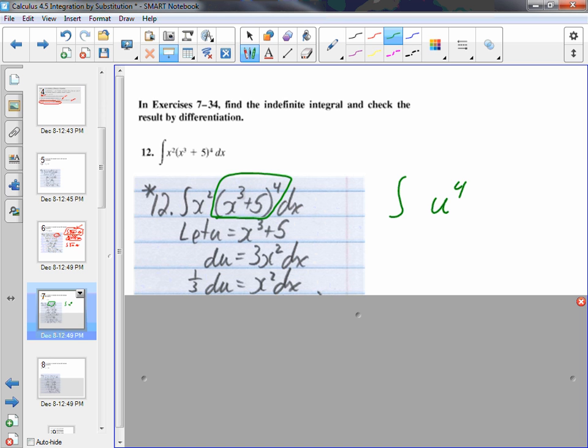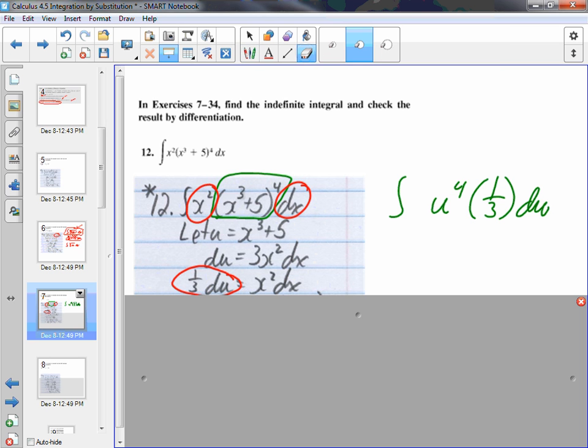I need to replace x squared dx. Well, fortunately for us, x squared dx is equal to 1/3 du. So I replace x squared dx with 1/3 du.